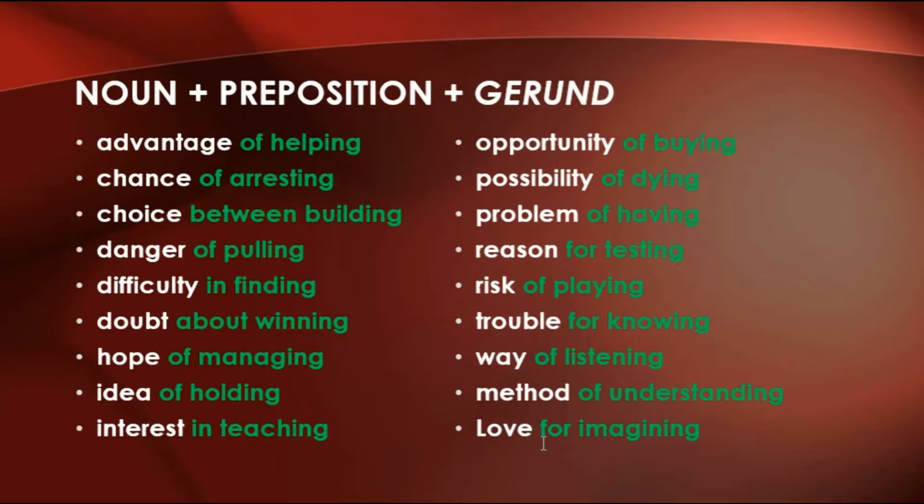The most important part about this is that there are always more examples, and through practice you just learn how to use them. It's usually of, so you see of here, of there, for, in, about, between. So it depends on the noun you have here. But usually there is a technique to learning it, but it takes a little bit of time.